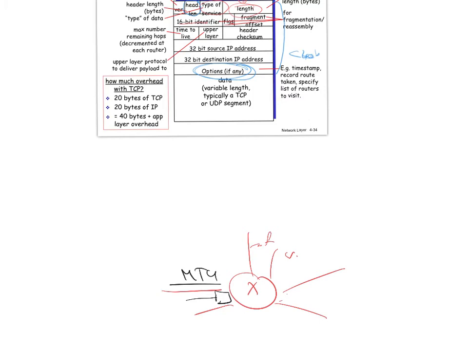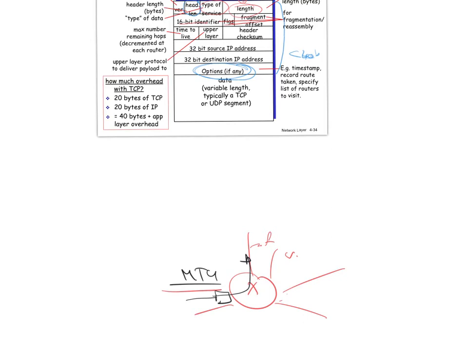But the router needs to route from here to here. So what can I do? Get from 1500 to 500. I need to divide each packet into three. We call them fragments, bravo. So one of the functions of the router is to do fragmentation. And of course, fragmentation means reassembly.